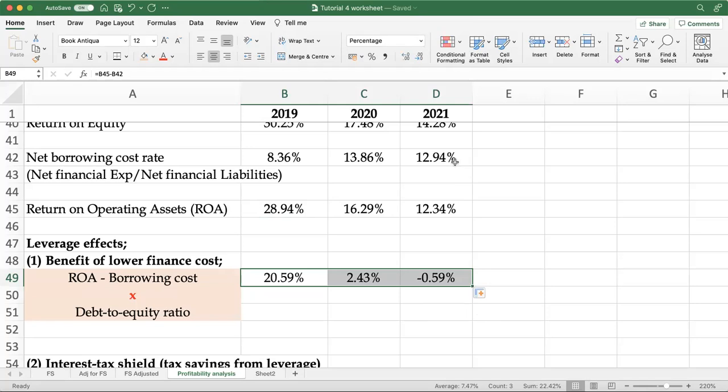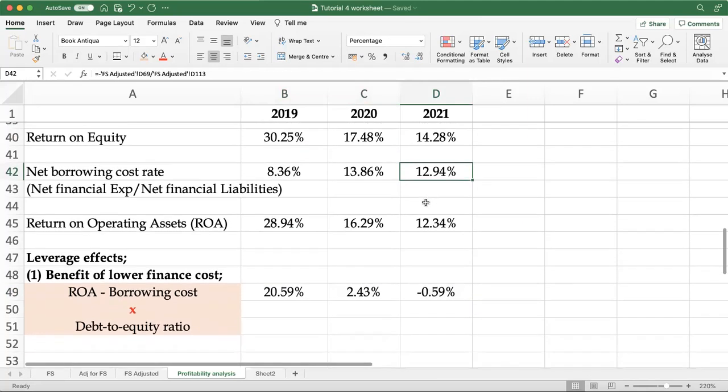So what does it mean? In 2021, borrowing cost is larger than the return generated from operating assets. Borrowing cost is 12.94, which is larger than the return generated from operating assets.